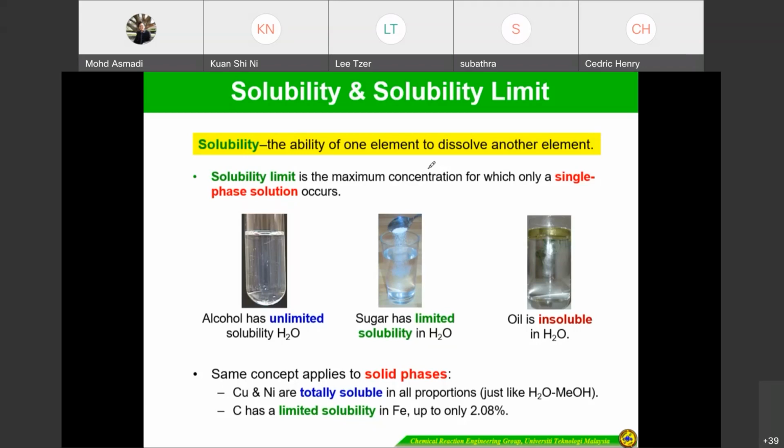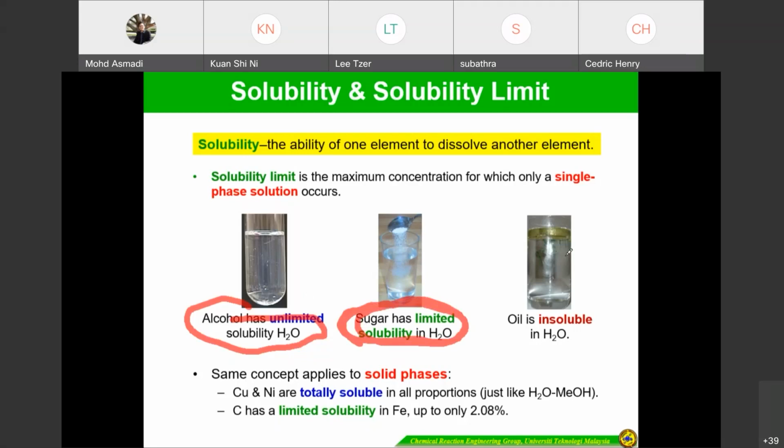For example, alcohol has unlimited solubility in water. If you mix them, we cannot see any difference in phase, because it is 100% solubility.